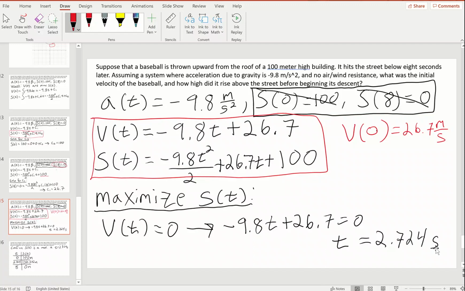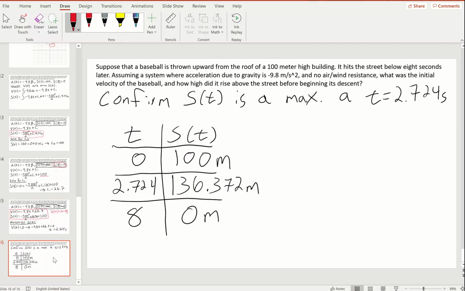This is one area where a lot of students will solve for this value of t and just stop, assuming that this is definitely the maximum. We have to confirm. And since this is a system on a closed interval from t equals 0 to t equals 8, the way we're going to confirm is by using the table of values and all of our candidates. So the endpoints are candidates and the critical points are candidates. Our endpoints are 0 and 8. Our critical point was 2.724.